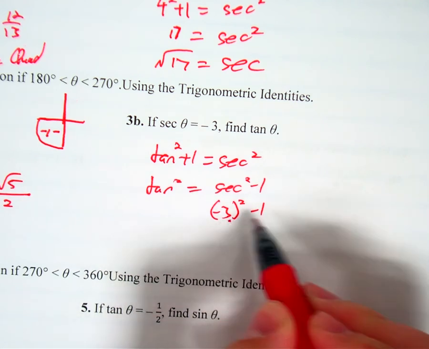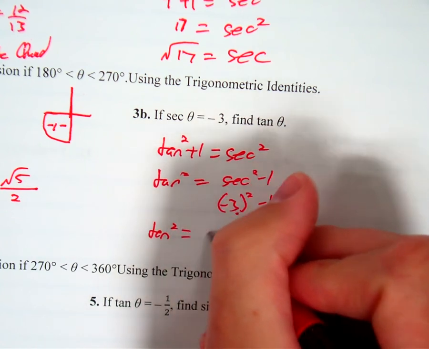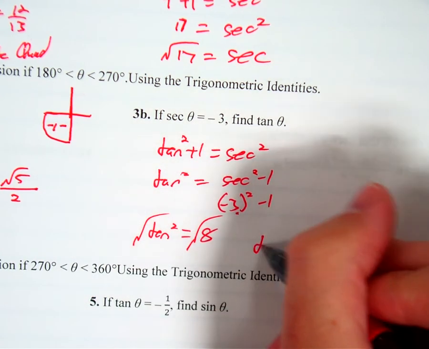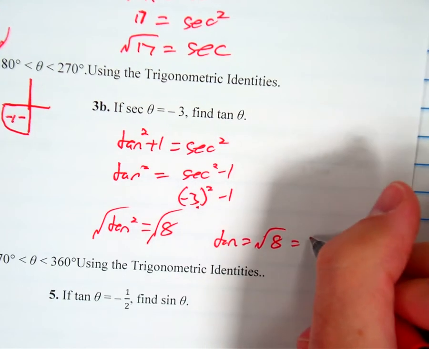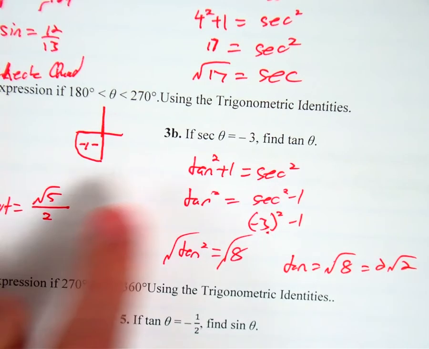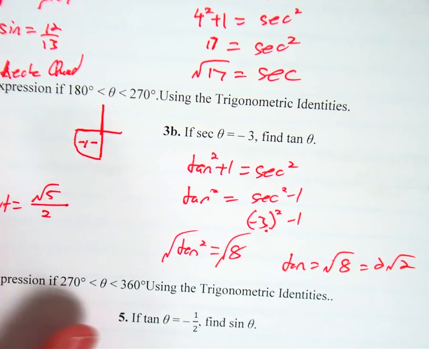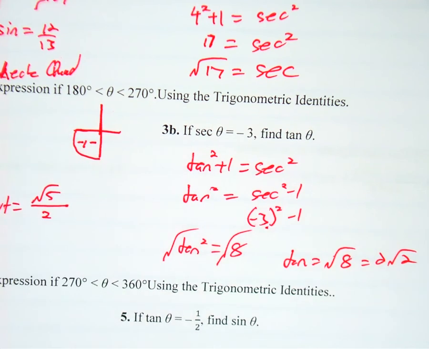Positive 9 minus 1 is 8. Okay, square root. Tangent equals radical 8. Reduce your radical. Should be 2 radical 2. Quadrant 3, we just said negative, negative. But just like with cotangent, tangent is sine over cosine, so negative divided by negative is a positive.